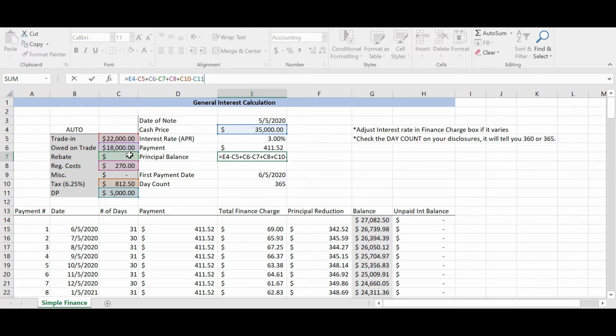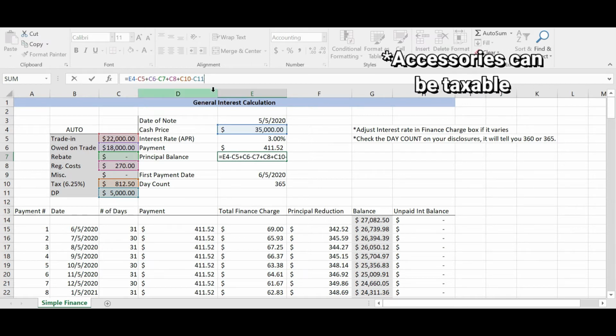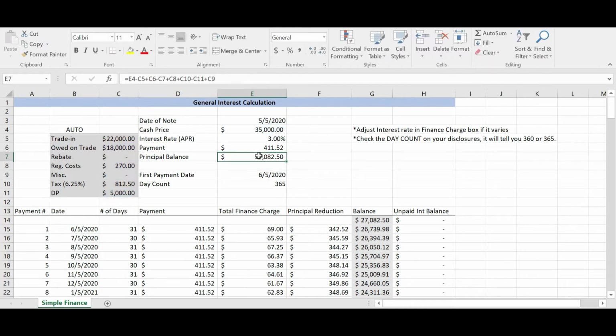Then I subtract rebates, add registration costs, add miscellaneous fees, which looks like I skipped that. So let's go ahead and add that. That's kind of how I work with this thing. It's always changing, but there you go. So got miscellaneous costs in there. Got tax rate added in, and then subtract your down payment, C11 there.